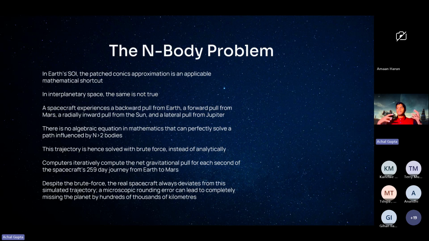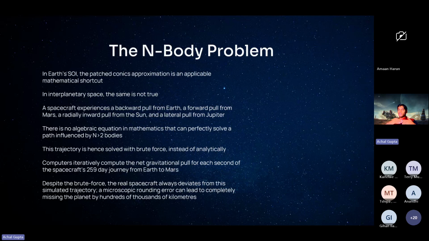They're all exerting roughly the same order of magnitude of force on you, right? So you can't ignore all of these bodies anymore, and you can't look at it as a two-planet system where you can use the patched conics approximation. For that, there is no algebraic solution so far, and as a result, the only way to do it is for computers to brute force this method.